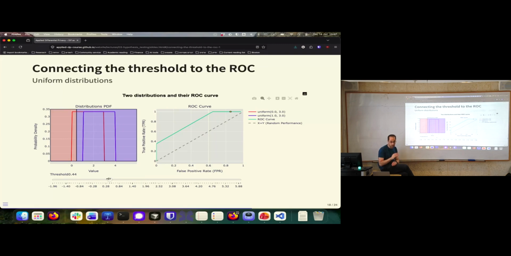I would always guess positive. But when I sample from the red distribution, sometimes I will guess negative with some probability. And as you see, I'm starting to decrease my false positive rate without harming at all my true positive rate.